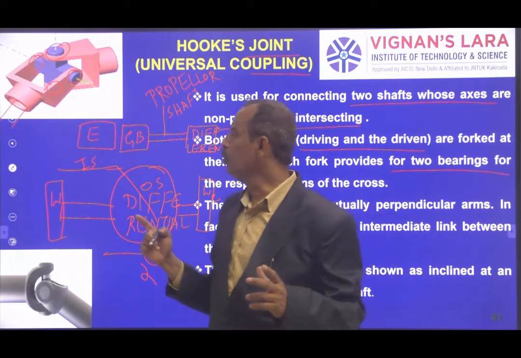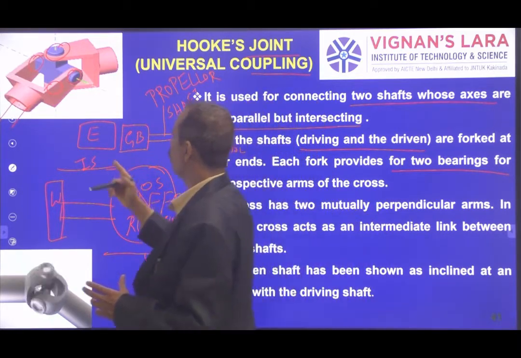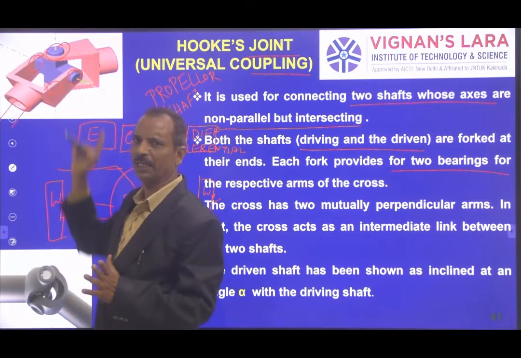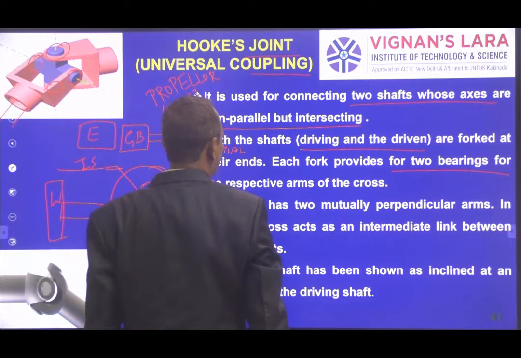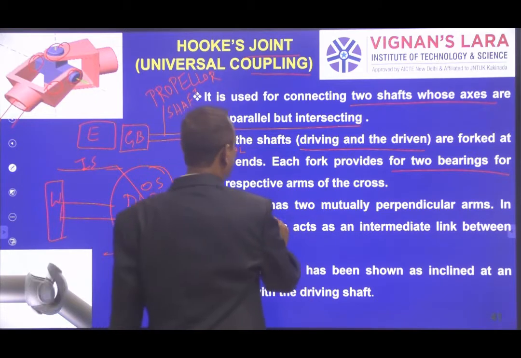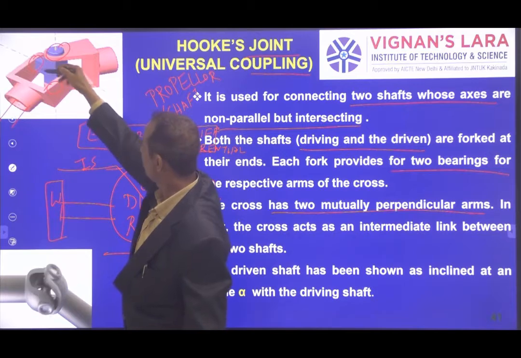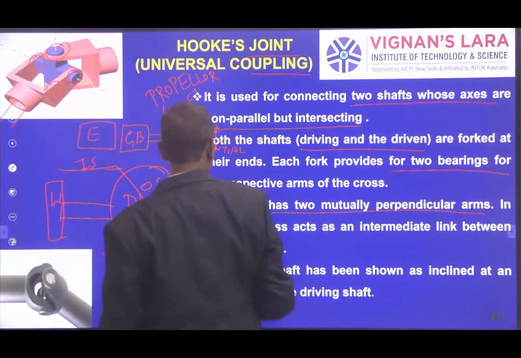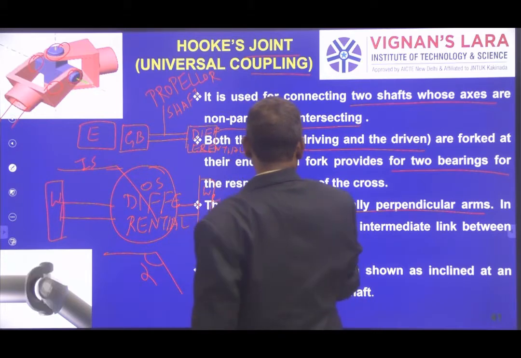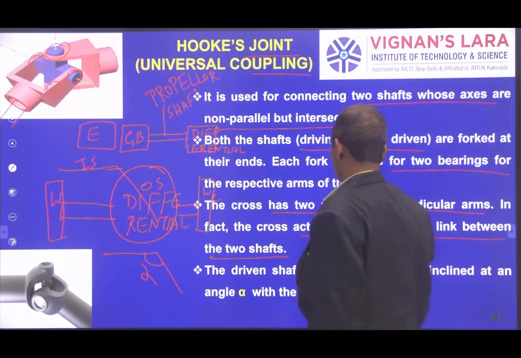So the two ends are made with two forks, and the two forks are connected by a cross, placing two bearings. The cross has two mutually perpendicular arms. That is what you can see. Two arms, vertical arm and horizontal arm, isn't it? And they intersect between the two shafts.